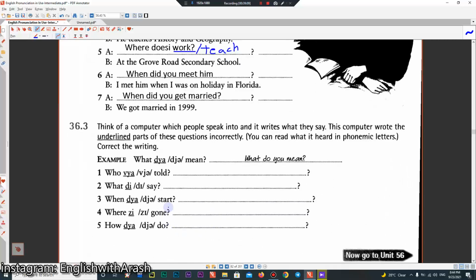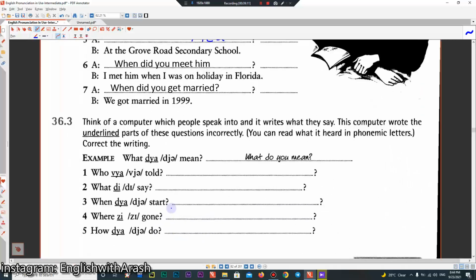The last exercise. There is a computer program that fails to properly transform speech into text. Now, there are a lot of engineers who put these programs together, but there are some bugs and errors. The computer program fails to properly transform speech into text.